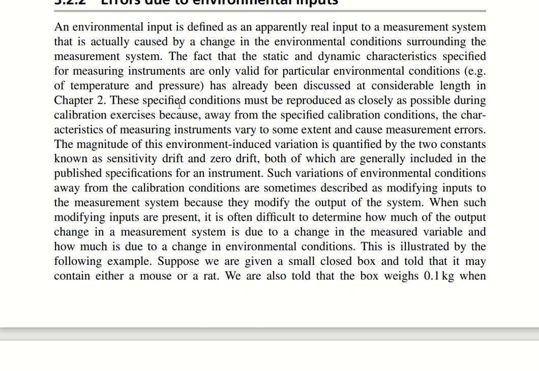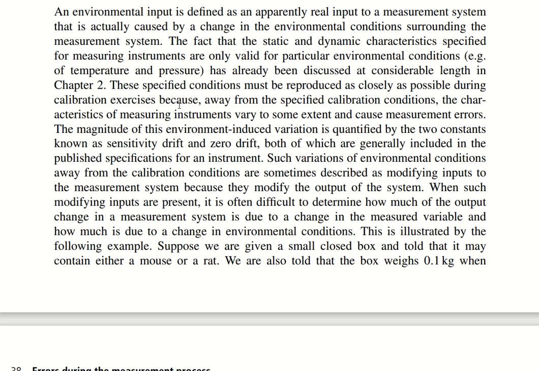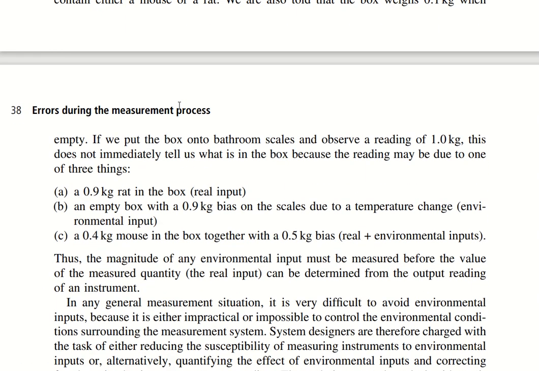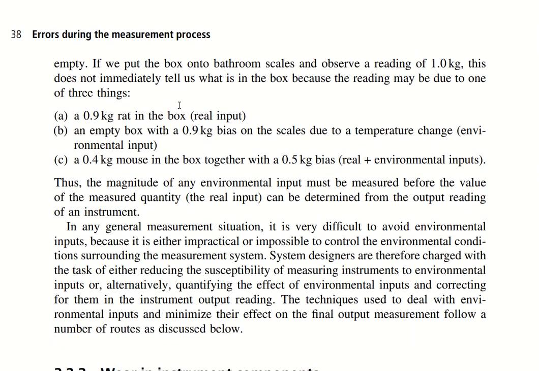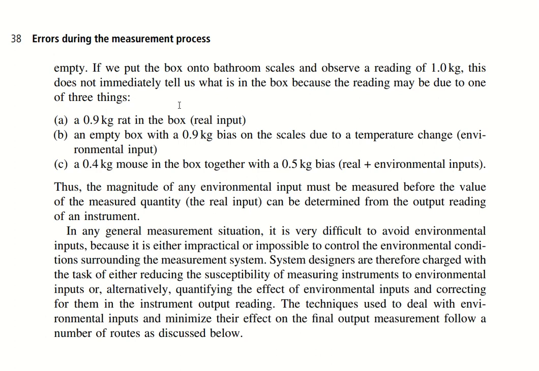Let's take an example to understand that. Suppose that we have a small closed box and have been told that it may contain either a mouse or a cat, and we are also told that the box weighs 0.1 kilogram, or 100 grams, when it is empty. So if we put the box onto the bathroom scale and observe a reading of 1 kg, that does not immediately tell us what is in the box, because the reading may be due to one of three things.